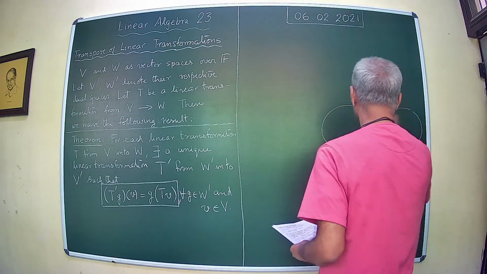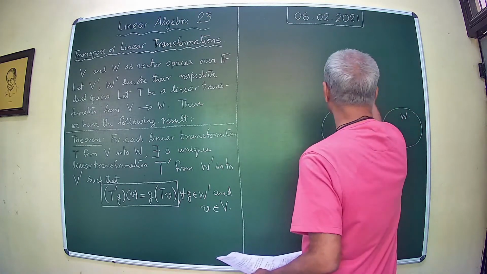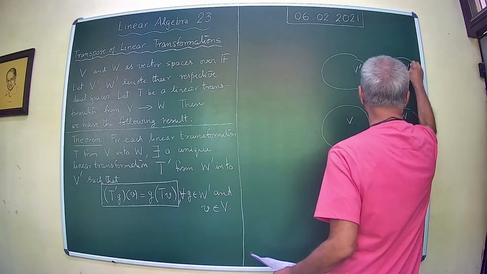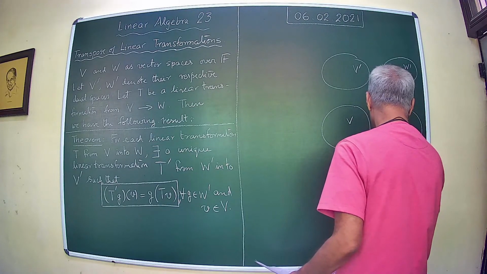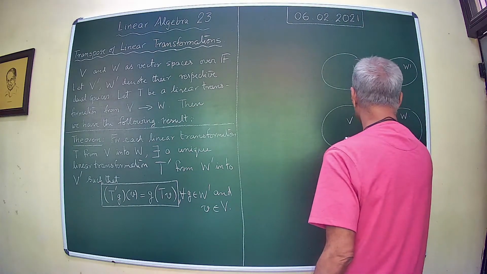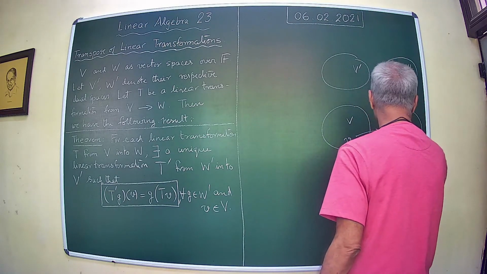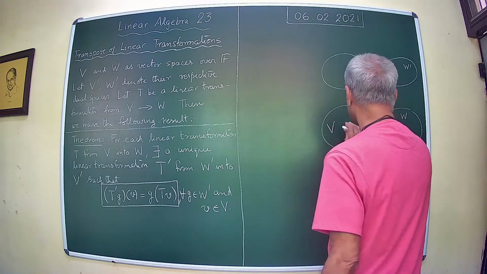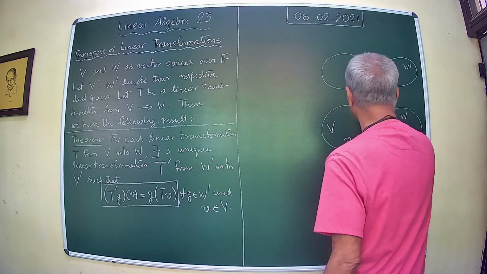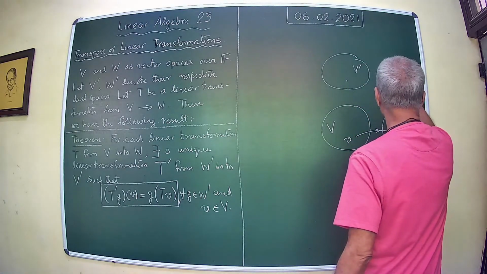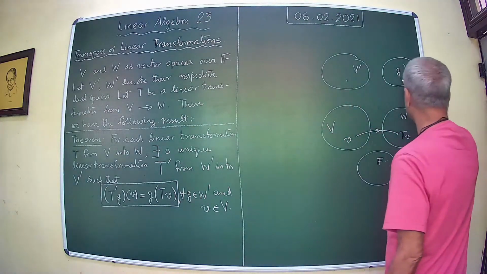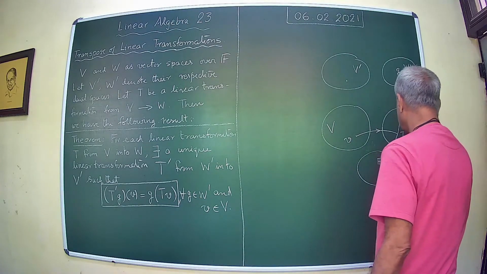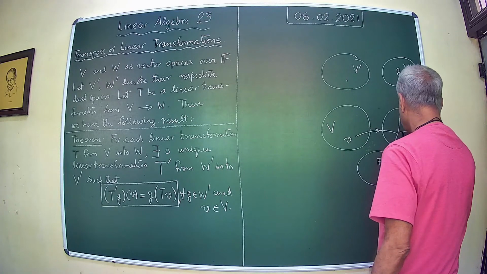Okay, so this is the picture that we had connecting all of them. You have V, W, and you had V prime, W prime over F, and there is this T connecting V and W. Now for a G belonging to W prime, G carries TV to a scalar called G of TV.